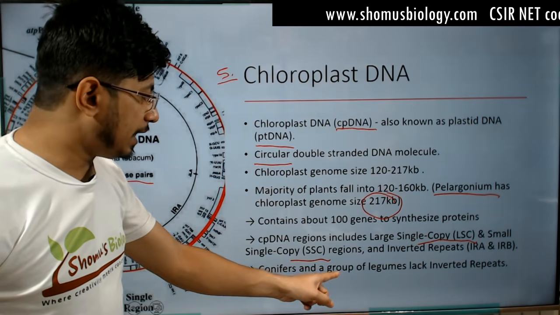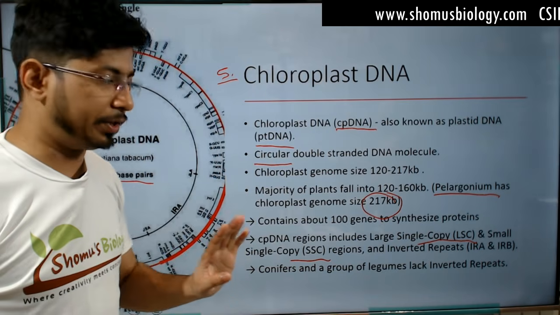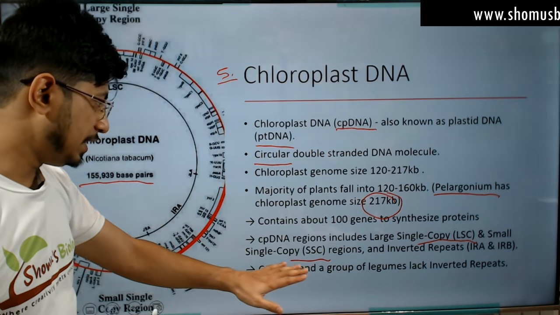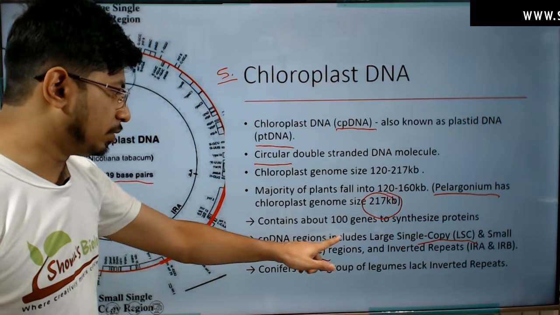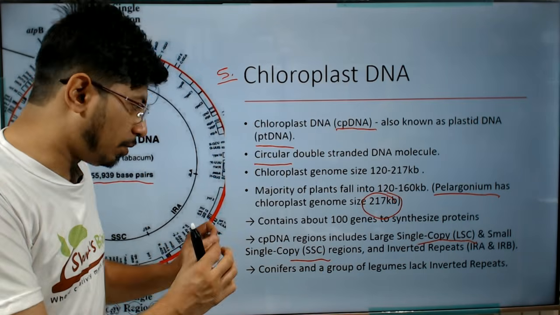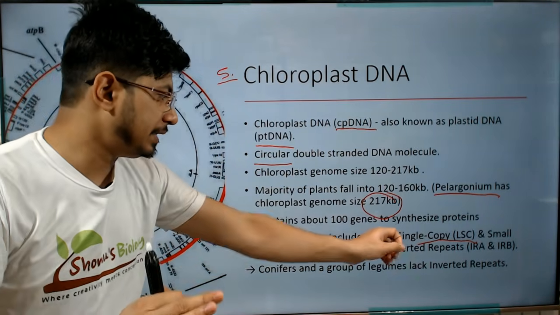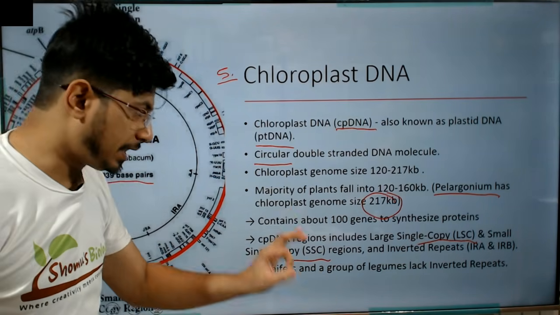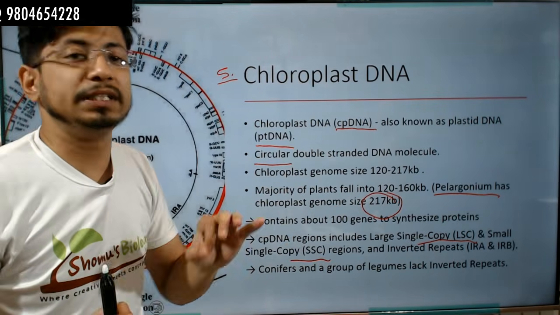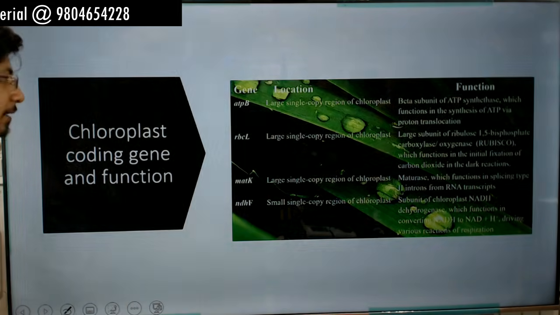Conifers and a group of legumes lack the inverted repeats. Apart from this, the rest of the plants all have all the structures. It includes the large single copy LSC region and small single copy SSC region, but the conifers and legumes only lack the inverted repeats, while others contain inverted repeats too. This is the component of cpDNA or ptDNA.